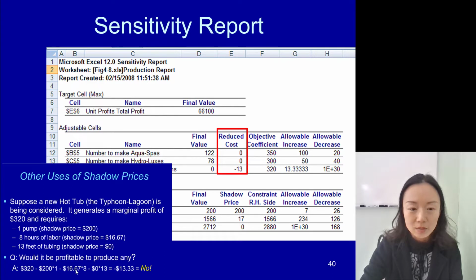Okay, and subtracting the second resource priced at its shadow price, it's 16.67. It's this value here, and the decrease of 8 is within the allowable decrease. Subtracting the 0, this shadow price here, multiplied by 13 units, that's within the allowable decrease. Okay, so this value here is this reduced cost.